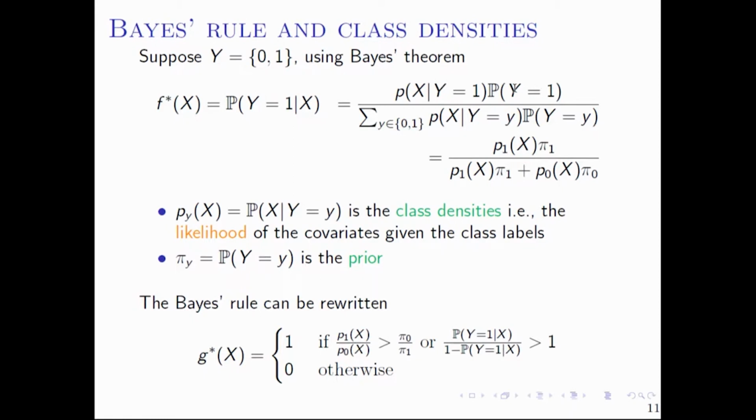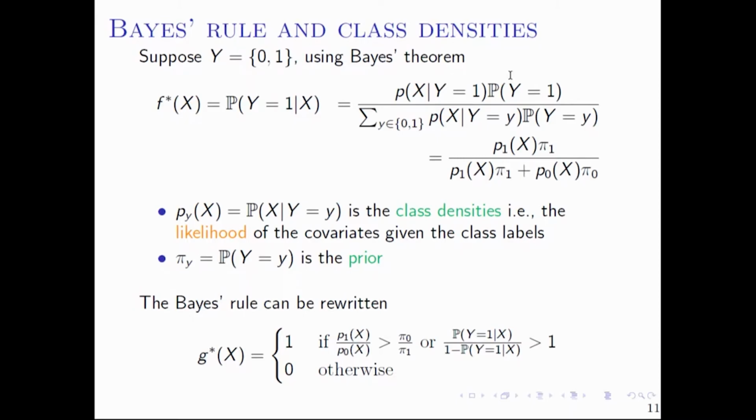The denominator will have the sum over all the densities. Another term here is called the class probability or the prior. This is the probability of y equal to 1.